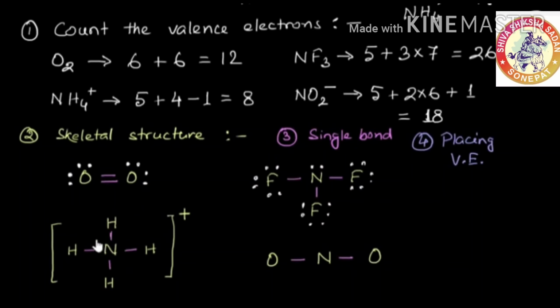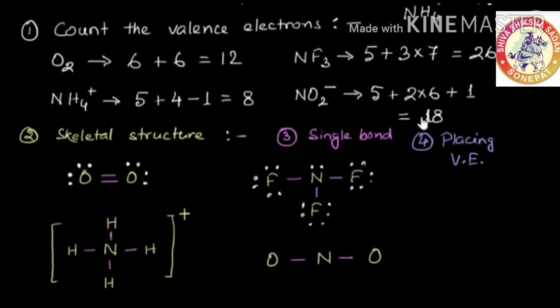In this molecule, no lone pair is present and nitrogen has completed its octet by sharing 4 electrons with hydrogen and also carries 1 unit positive charge.